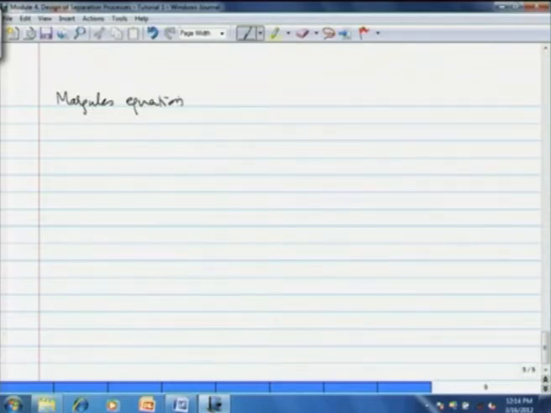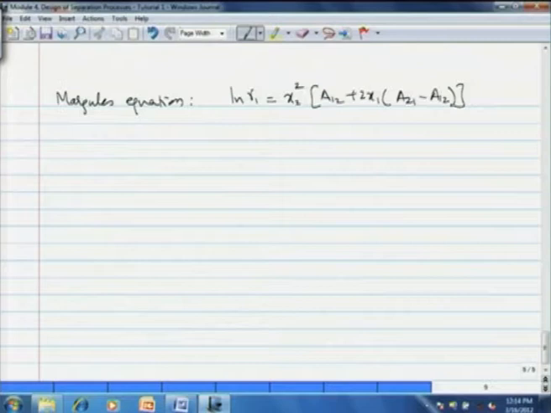The Margules equation is ln gamma 1, where 1 denotes solute and 2 denotes solvent, equals x2 square into A12 plus 2 x1 into (A21 minus A12), and gamma naught, the activity coefficient at infinite dilution, is exponential A12. Okay. So, we start our solution.